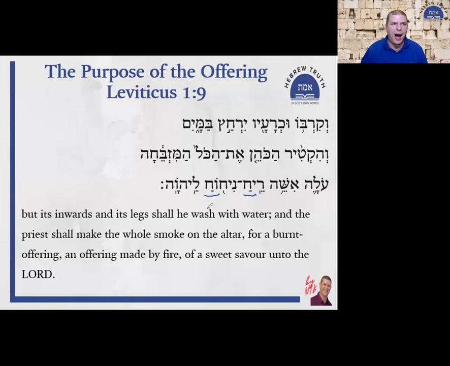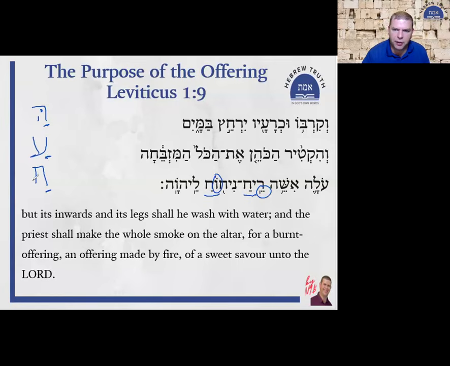So reach, the a comes before the chet. Nichoach, again, the a comes before the chet. So if we have a chet, a hey, or an ayin, and before them we have something other than an a vowel, a hey that is a consonant hey, so I'll add the mapik inside so we know it's a consonant, then if the vowel preceding them is not an a vowel, for instance an i vowel or an o vowel, as in both these cases, we would have a furtive patah.